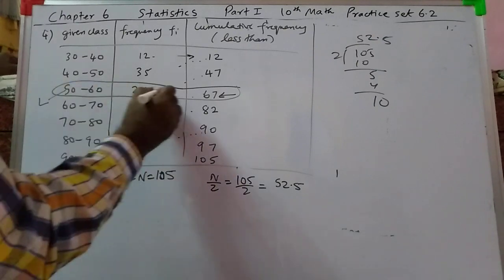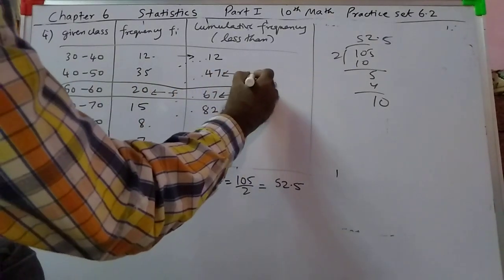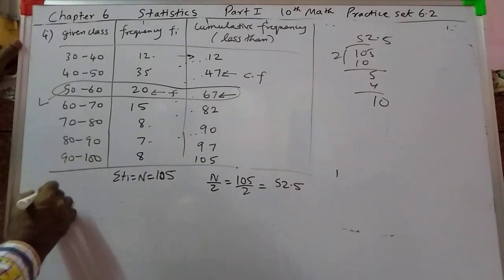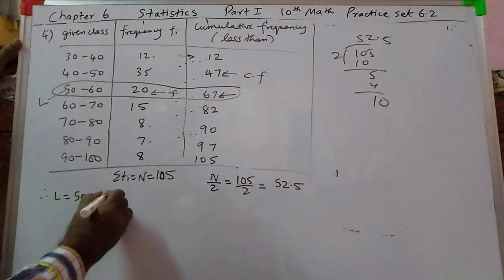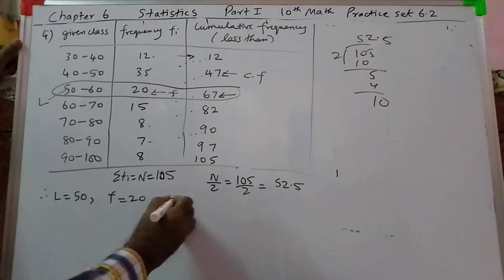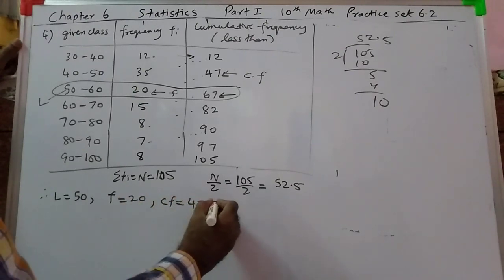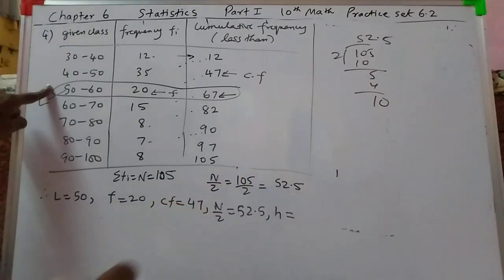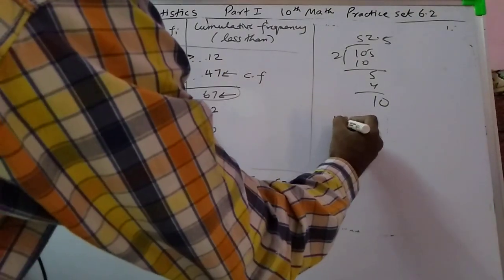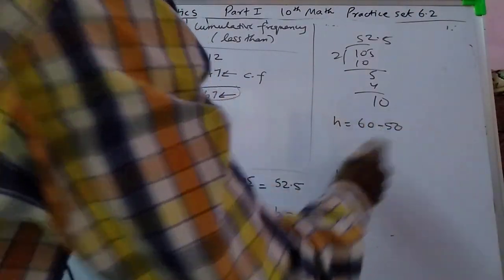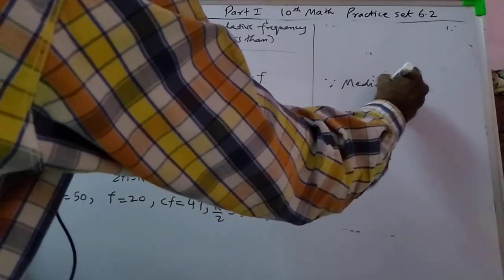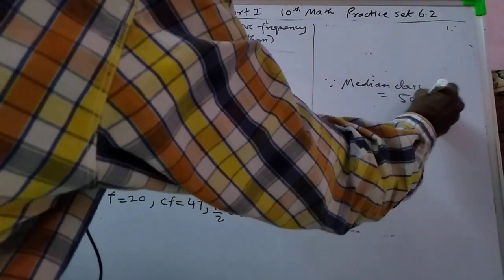So this is class, this is F, this is CF. Okay. That we will write there. Therefore, L is equal to 50, F is equal to 20, CF is 47, n by 2 is 52.5, and H is equal to 60 minus 50, because the median class is given as 50 to 60.